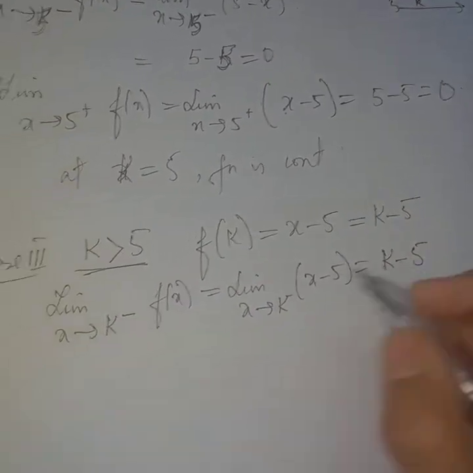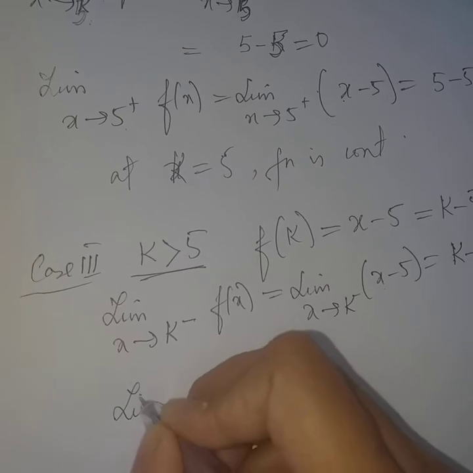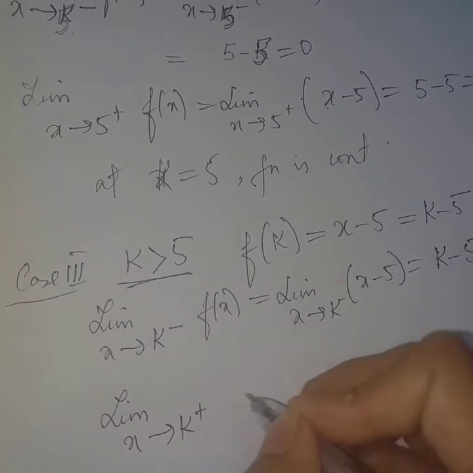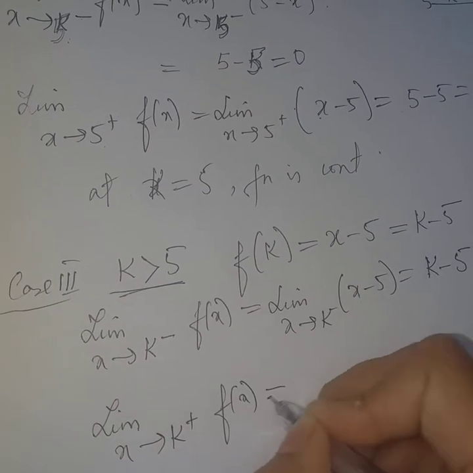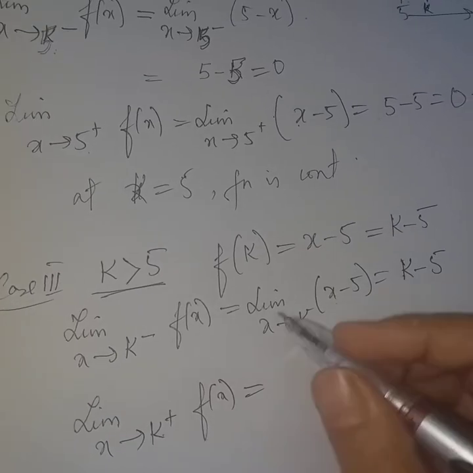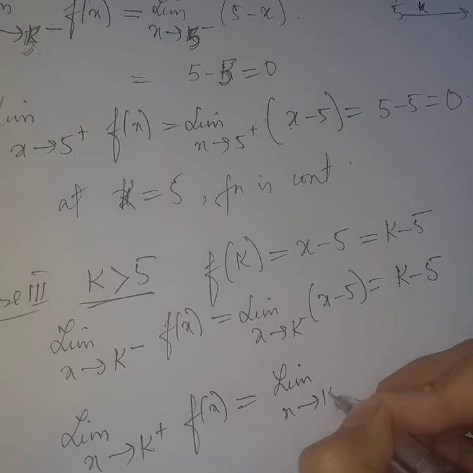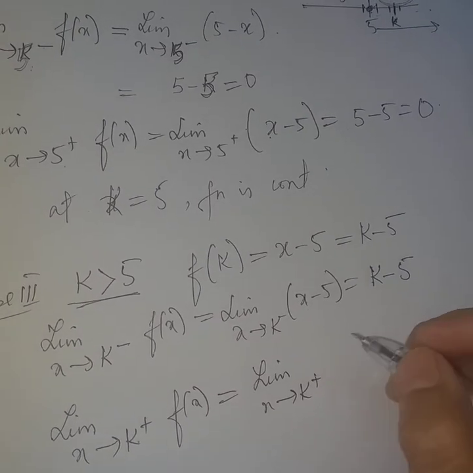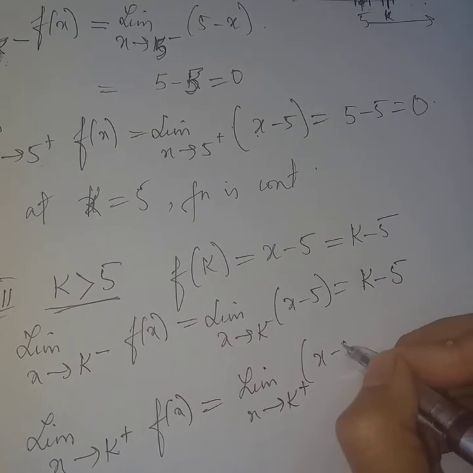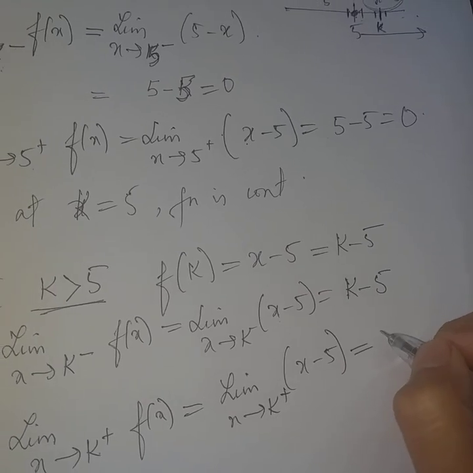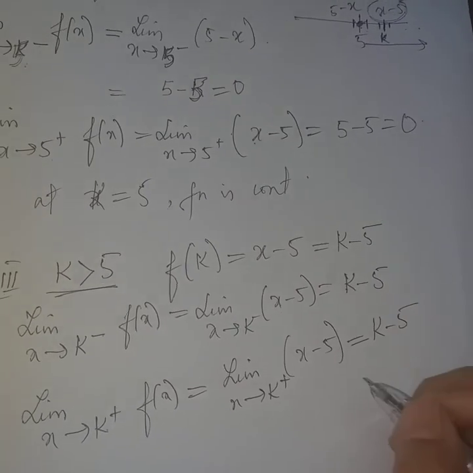This is the left hand limit, and for the right hand limit, at a point slightly greater than k, it will be again the same.